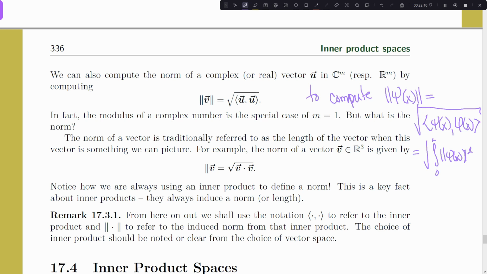Maybe I should get rid of an x here so it doesn't look like I'm computing it at a specific point x. I'm really just computing the norm of that function. Here, this is the complex magnitude of psi. And then I'm integrating that, and then I'm taking a square root. So that's how we would compute norms of functions. So every inner product is going to give me a norm just based off of that idea. And really, we can still think of norms as the distance from zero in some sort of abstract setting.